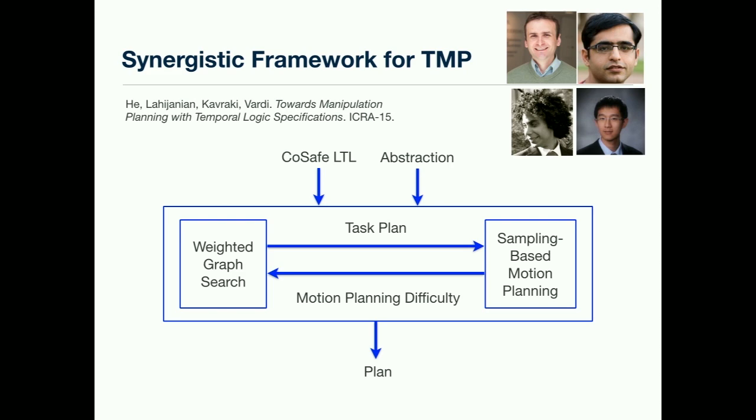You have some kind of specification in a formal language. Here we use co-safe LTL, but it doesn't really matter. You have an abstraction of the space and the robot, and you find tasks by doing weighted graph search. You find motions by doing sampling-based motion planning, and there is a back and forth going between the two.